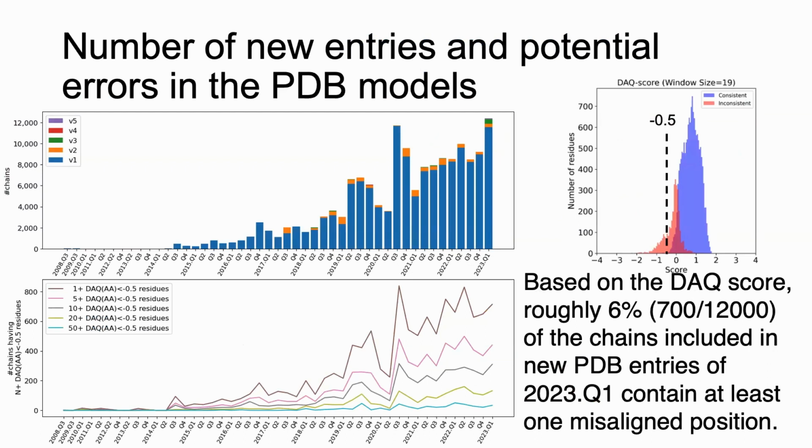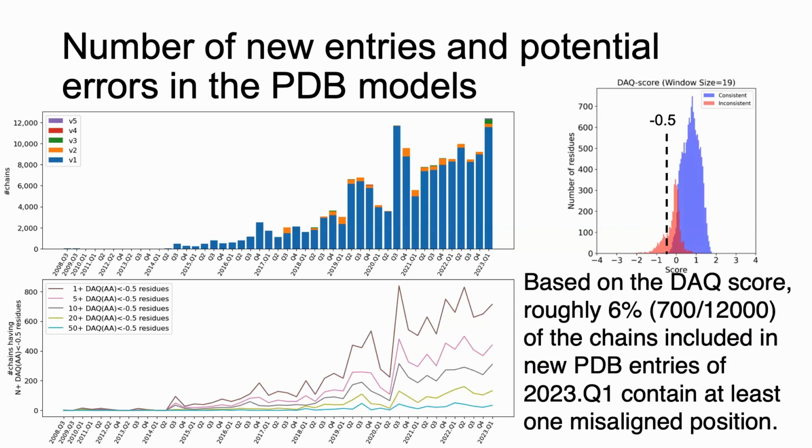Okay, so this is taken from the DAQ score database data. Because we are computing the DAQ score for almost all PDB entries, we can find a trend of how many PDB entries have a significant modeling error. It's very interesting. If we use a 0.5 cutoff value, then roughly speaking, 6% of the PDB entries have a significant modeling error.